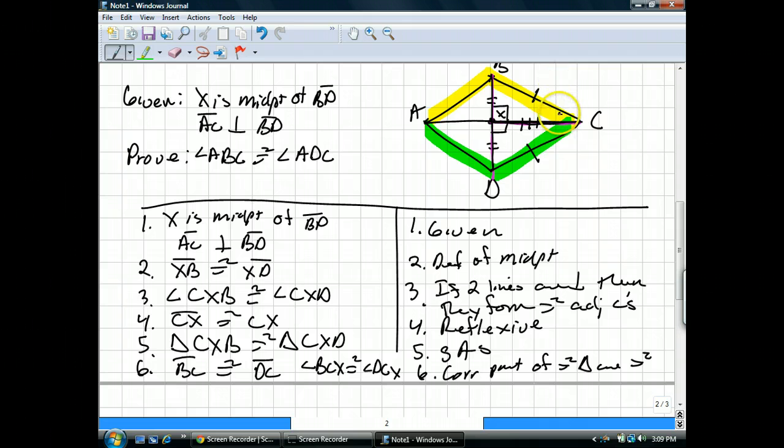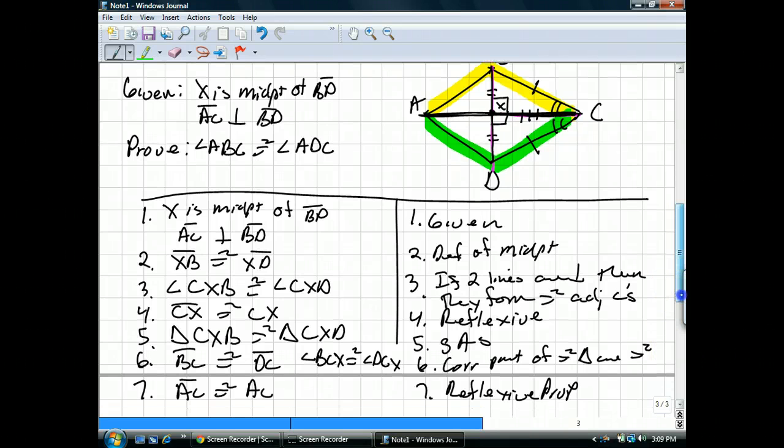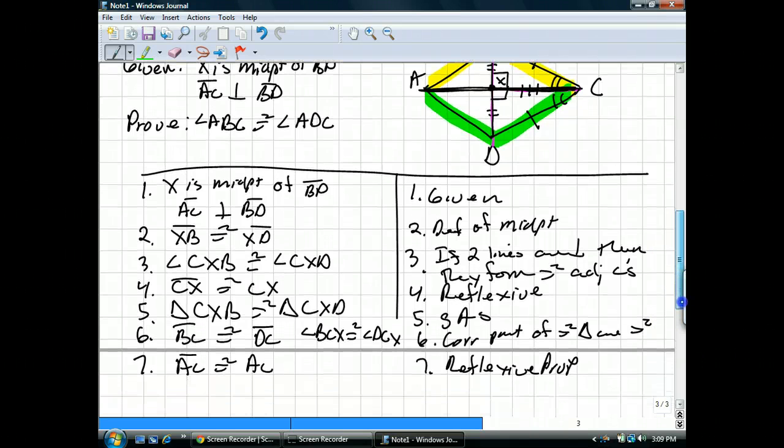So now I have this congruent to this. Then I can get this congruent to itself. So AC is congruent to AC, and that is again by reflexive property. Okay, now the two triangles must be congruent by side angle side.